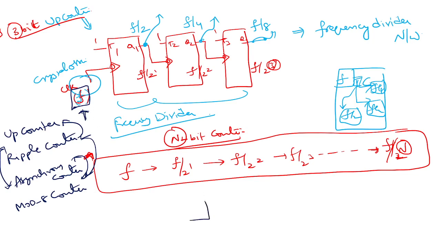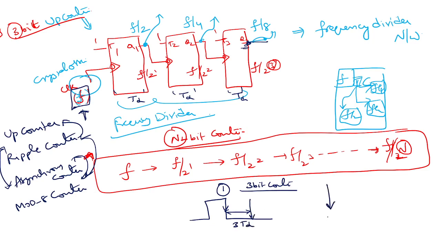Once you apply a clock edge, let's say a negative edge, you have to wait till the output of Q3, the last MSB, gets stabilized. So in the 3-bit counter case, if every flip-flop has a processing delay of TD, you have to wait at least 3 times TD before applying a negative edge.